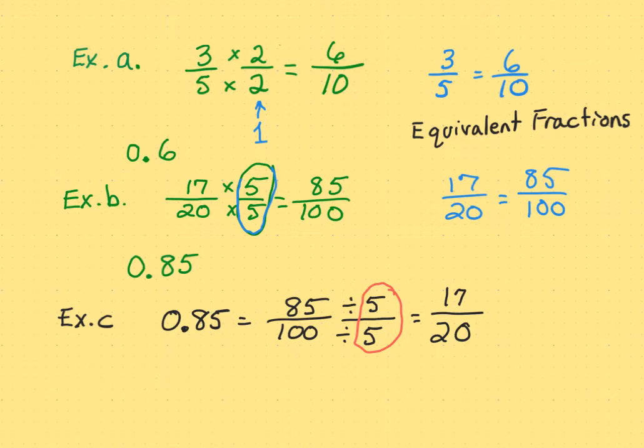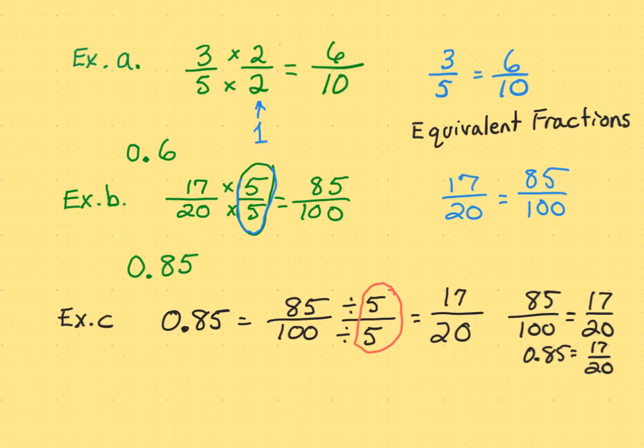So, once again, 85 hundredths is equal to 17/20 by dividing by 1 in the form of 5 over 5. I proved, once again, that 85 hundredths and 17/20 are equivalent. Okay?